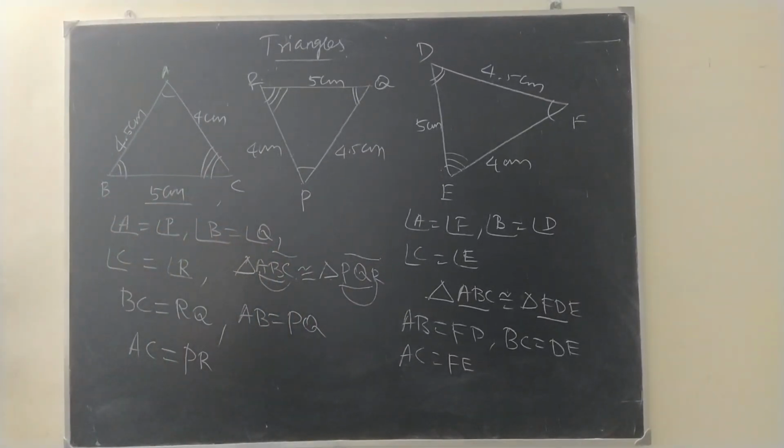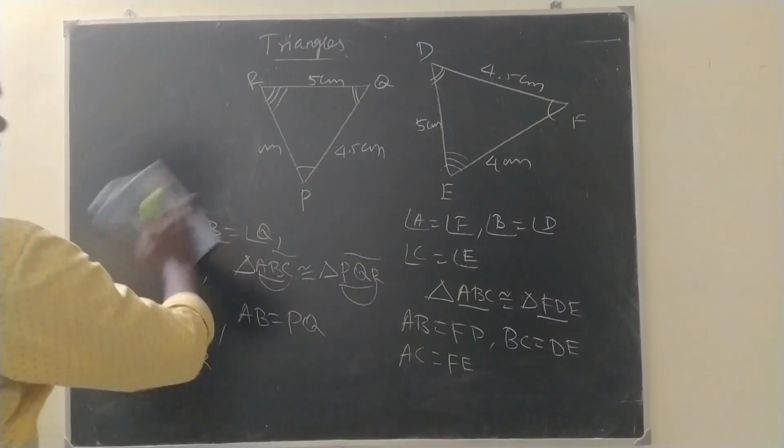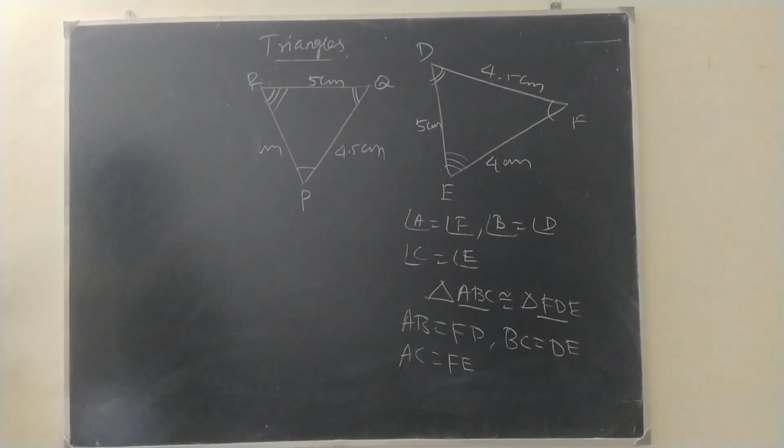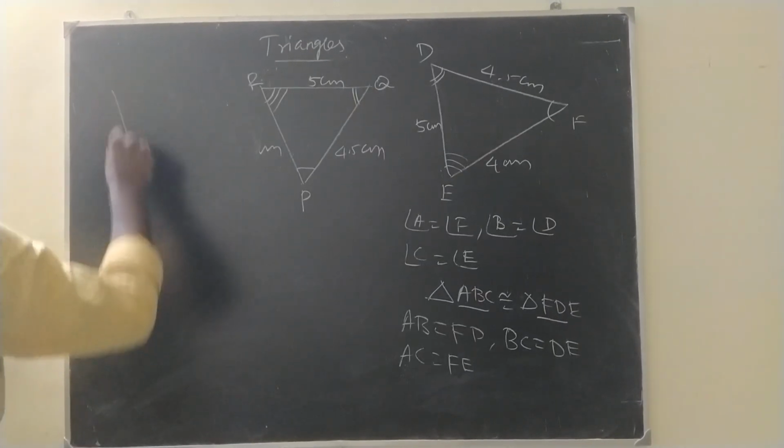Then the last one, obviously you know that last diagram is not congruent to anything, because all the sides are 5, that is an equilateral triangle. So now you check this diagram.